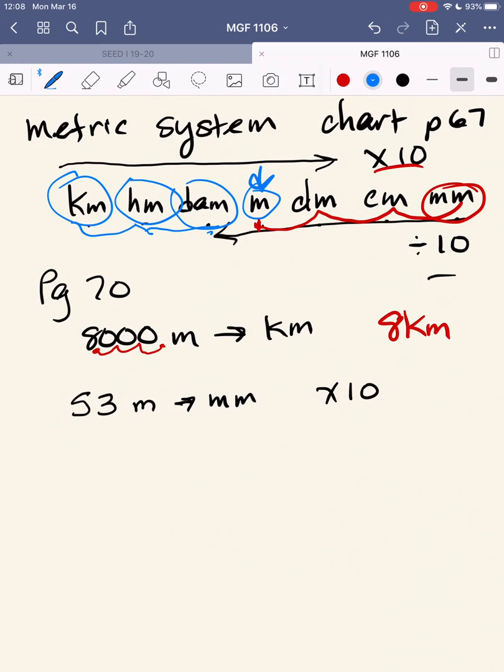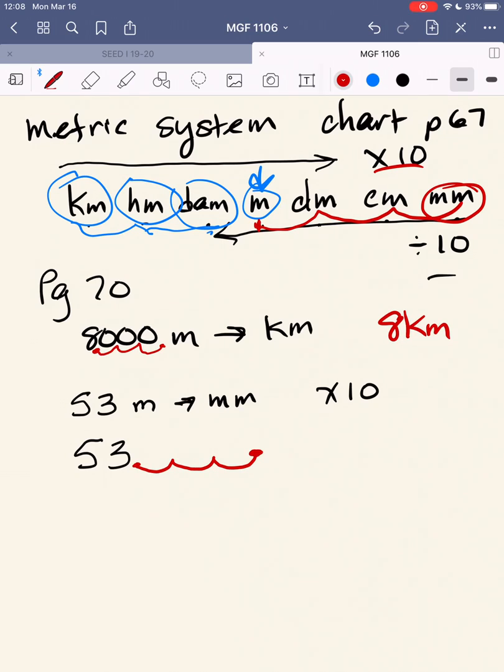If I take my 53, my decimal starts right here. I need to multiply by powers of 10, which means it gets bigger by decimal places. So I have 1, 2, 3 places, and my decimal needs to end up here.